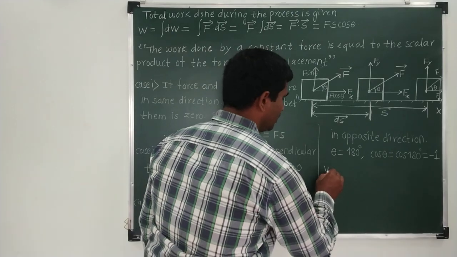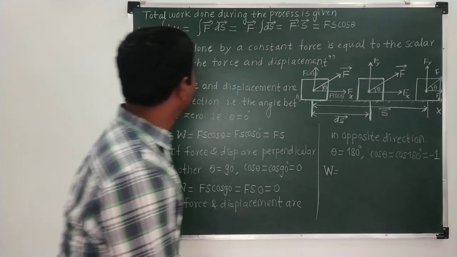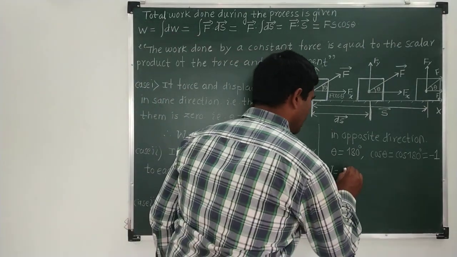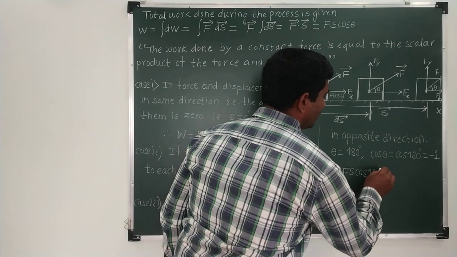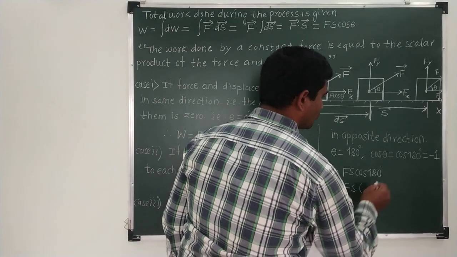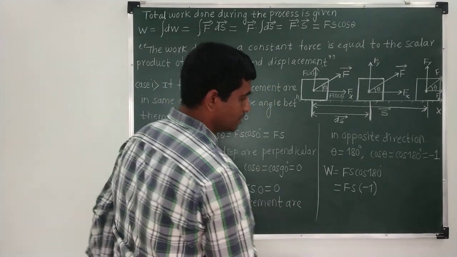Let us say this is W. So what is that W? F into S into cos theta. Theta value is 180 degree, so that is F into S into cos 180 degree, which is minus 1.